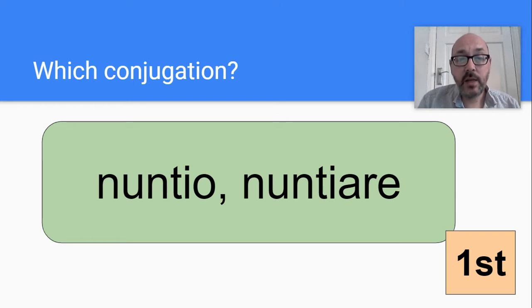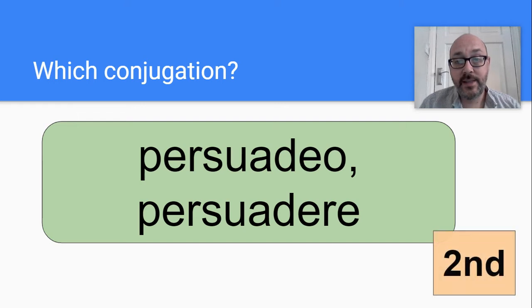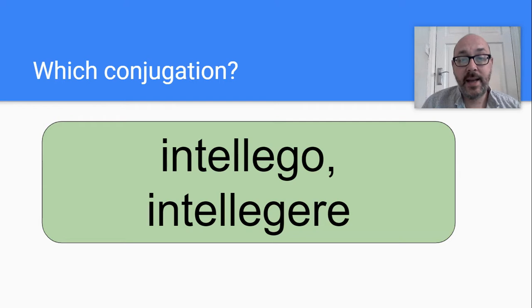Okay, good. So even though you didn't know lots of those verbs, you were able to recognize the conjugation just from the endings. Oh, there's more, sorry. Persuadeo, persuadere. I'm pretty sure you could guess what that word means. What's the conjugation? It's second conjugation and it means I persuade. Intellego, intellegere. Yep, it's third conjugation.